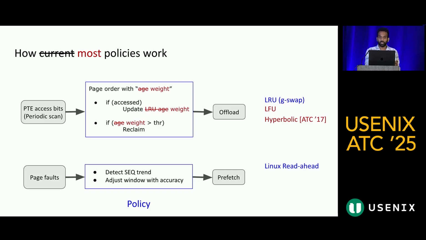For example, with offloading, going from LRU to other policies, all you need to do is generalize the weight, maintain a generalized page ordering, and then you can define this weight in a custom way so as to implement different policies. The same thing applies for prefetching, where all you need to do is look for a different trend, and you can similarly implement other existing policies.